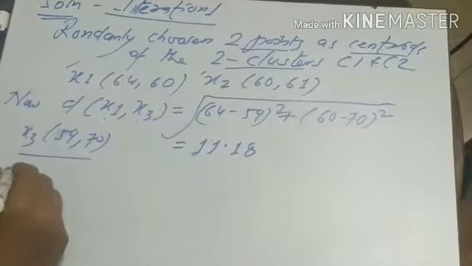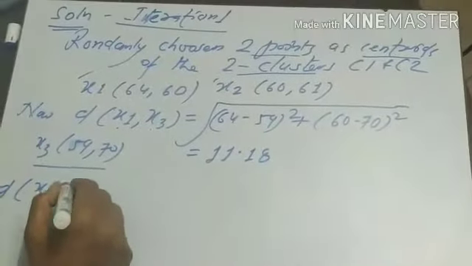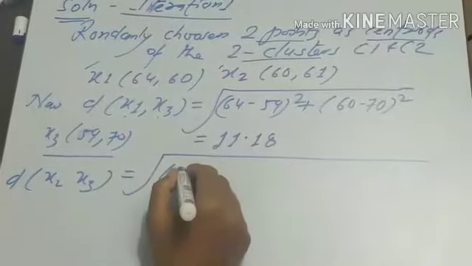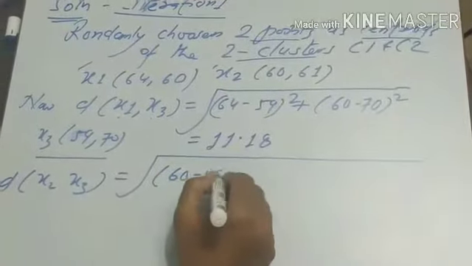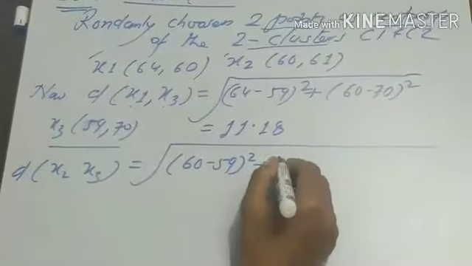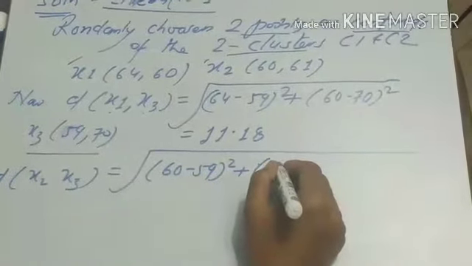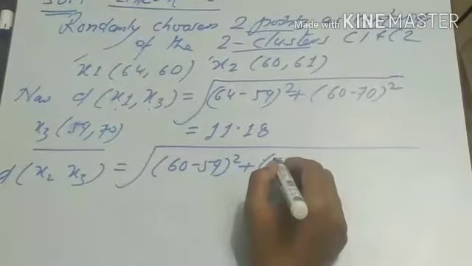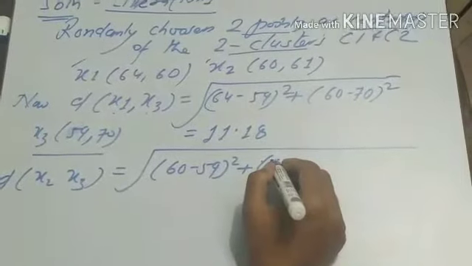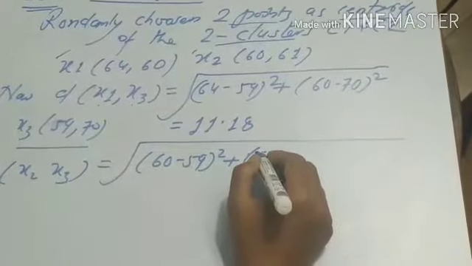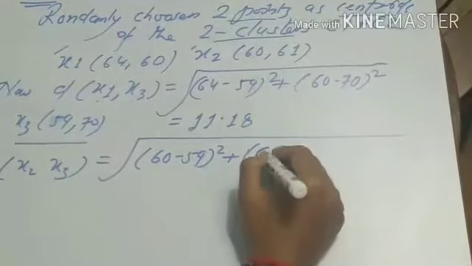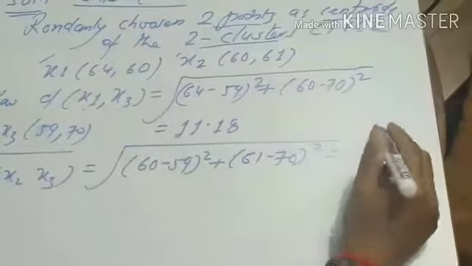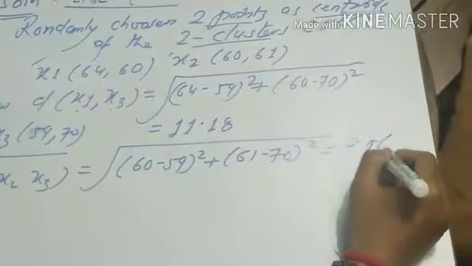Similarly, we find the distance between x2 and x3: 60 minus 59 whole square plus 61 minus 70 whole square, and we got the value 9.06.